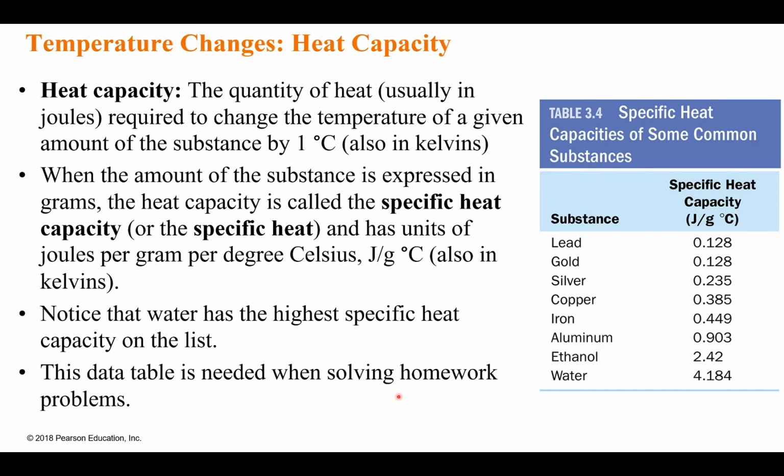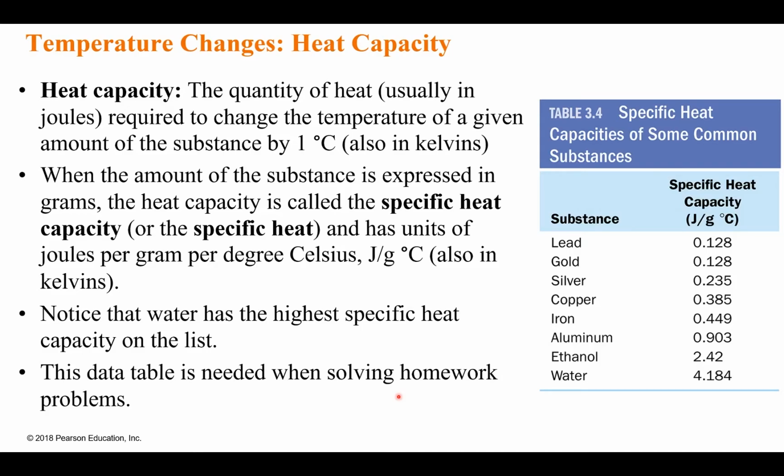We need to know how much of that substance we have. We need to figure out how much the temperature has changed. And we need to figure out the ability of the substance we're looking at to resist any addition of heat before its temperature changes.